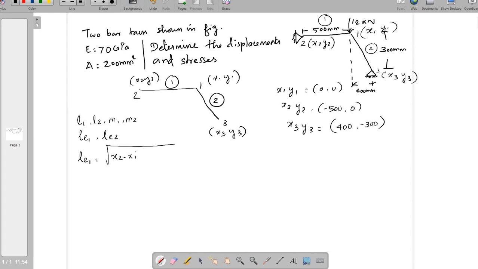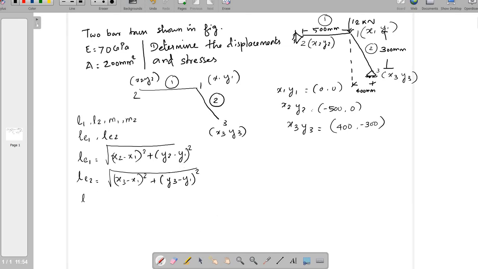So it is root of x2 minus x1 the whole square plus y2 minus y1 the whole square. For the element number 2, LE2, it is x3 minus x1 because the element number 2 connects the node 1 and 3. So it is root of x3 minus x1 the whole square plus y3 minus y1 the whole square. So this is the effective length for the element number 2.